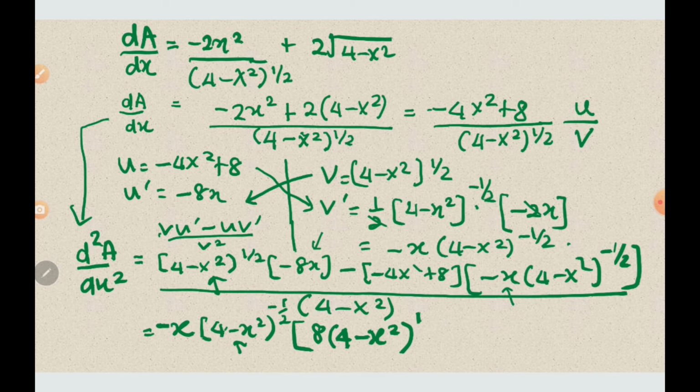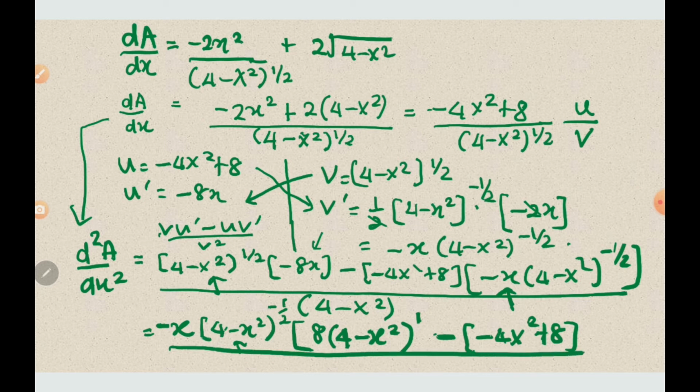And for this term, you need to multiply with negative 4x² + 8, and don't forget to divide by (4 - x²).